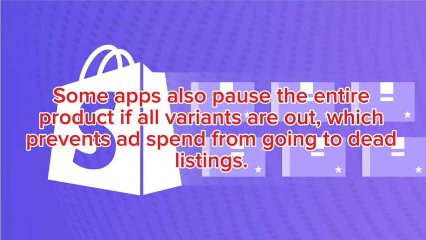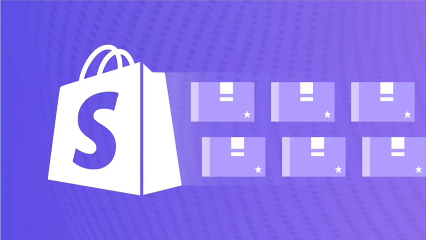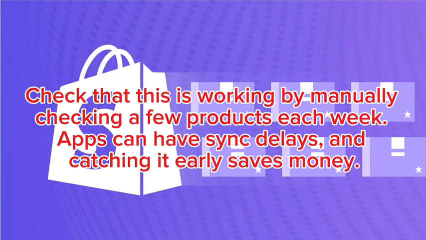Some apps also pause the entire product if all variants are out, which prevents ad spend from going to dead listings. Check that this is working by manually checking a few products each week. Apps can have sync delays, and catching it early saves money.